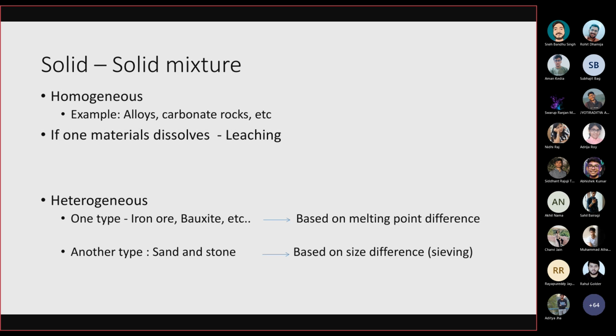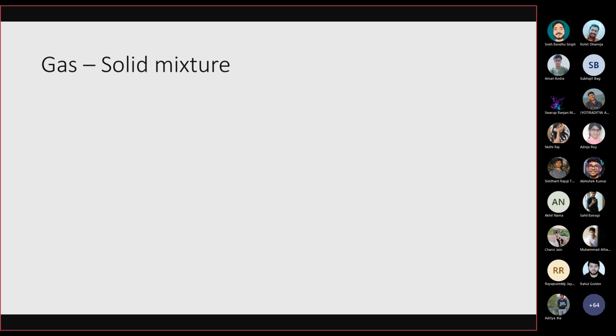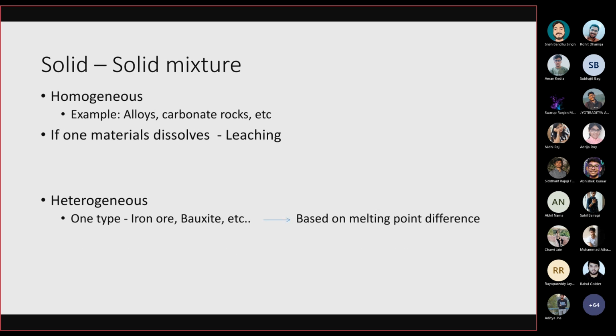If the melting points of the two solid materials are significantly different, then we can separate them simply by heating. If you have two different materials of different size, we can simply separate them with the help of sieving.